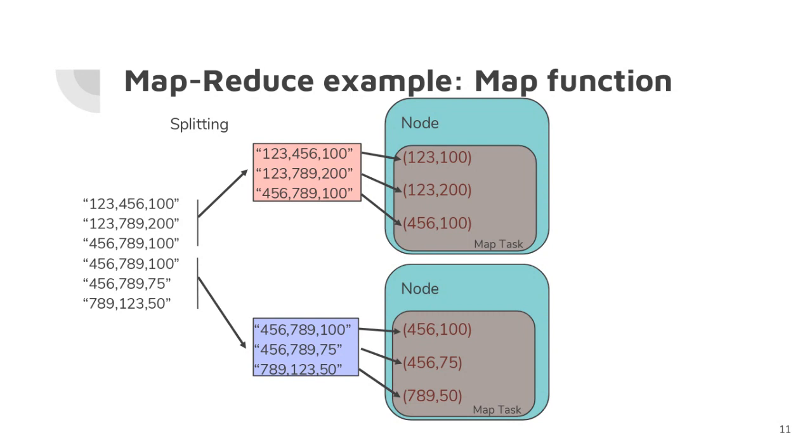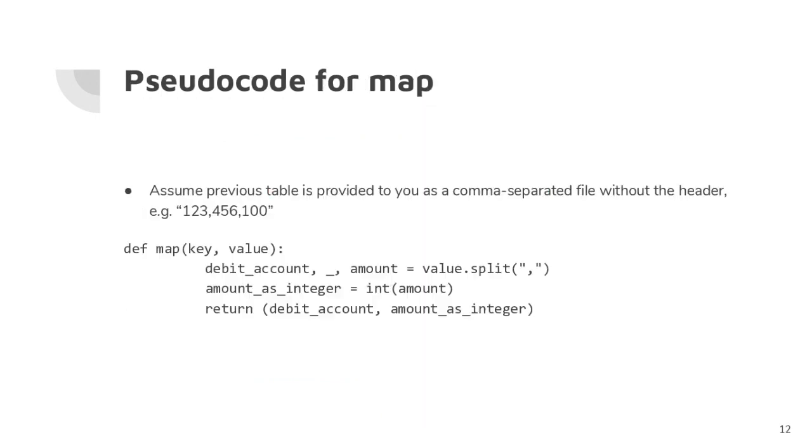And then if you write your map function, which splits each row and takes the amount per debit account and creates a key value pair, that map function is run on part of the data on node A and part of the data on node B. And here is some pseudocode of how the map function would look.